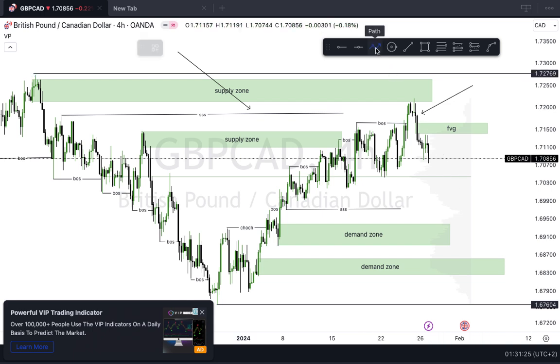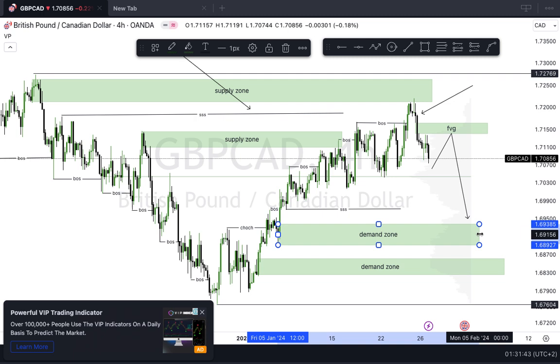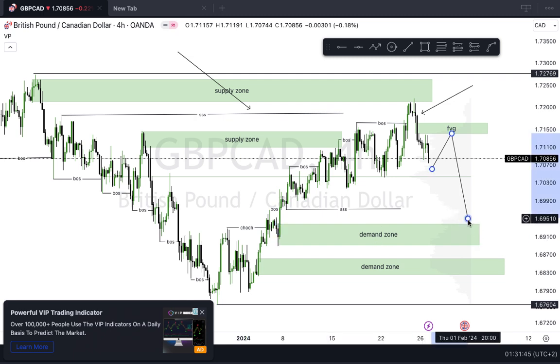With me, I'm expecting the market to push up, test that fair value gap, and then from there we continue pushing to the downside. We might see some reaction on this demand zone. Let me just drag it. We might see a reaction here and then start seeing the market pushing to the upside, right?